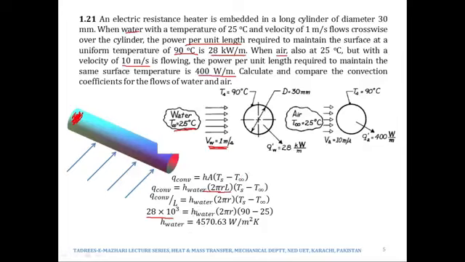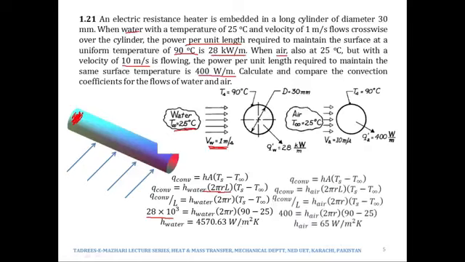So we have put this Q by L as 28,000, and we are given that the diameter is 30, the temperature of the outer surface of the cylinder is 90, and the water is flowing at a temperature of 25 degrees Celsius. If we just put the values, we will get the value of h as 4570 watts per meter square Kelvin.